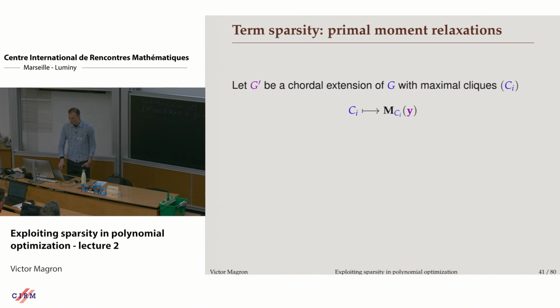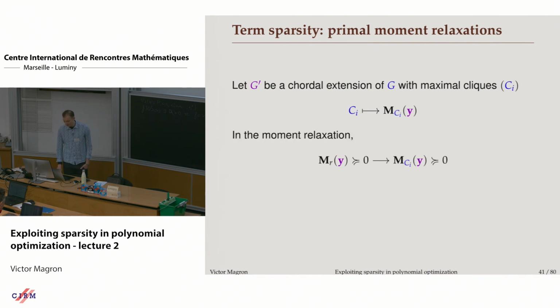Okay, so I showed you a little bit how it works for the SOS side with the graph matrices. In the moment side, it's pretty similar. So you build the chordal extension of your graph, then you compute the maximal cliques, and then you replace every condition on your moment matrices by several conditions for each clique. So every moment matrix is indexed by a clique.